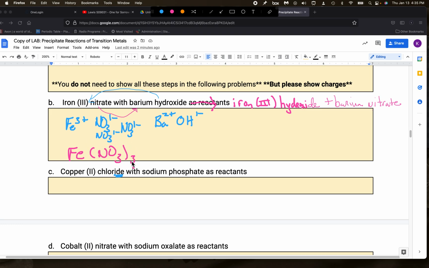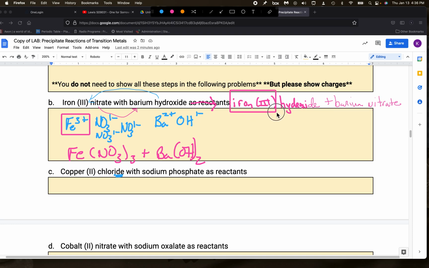Okay, so when we put this together, we did this up above. You use parentheses to show you have more than one. And then you do barium, and you have more than one hydroxide, so it looks like that. And now you're switching, but we already know what they are. So this is going to show up again here, right?